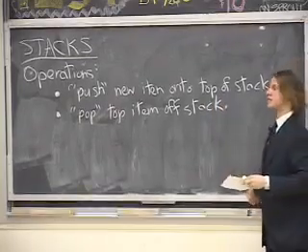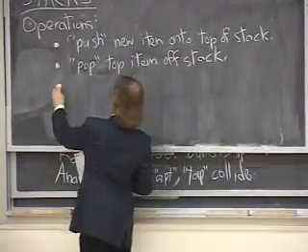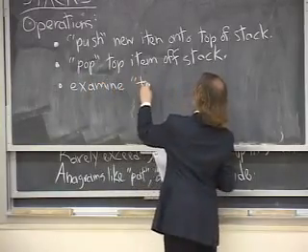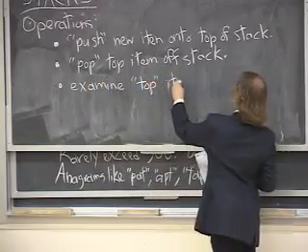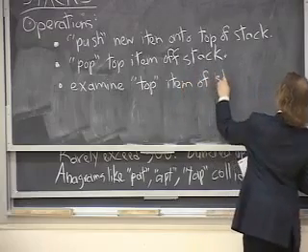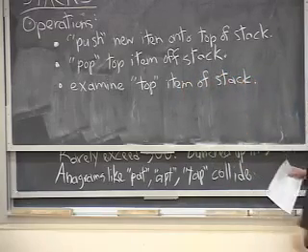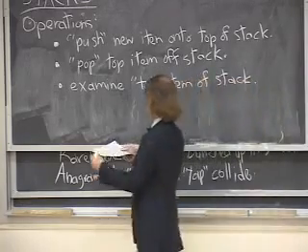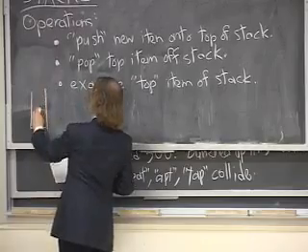And you may examine the top item of a stack. And yes, the methods that you call are called push, pop, and top. And here's sort of how they look.